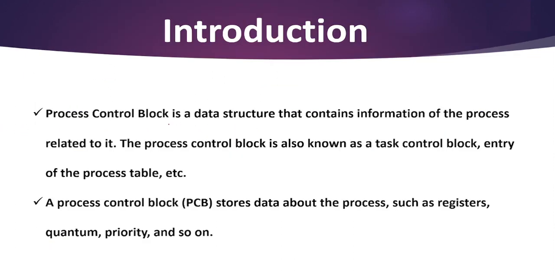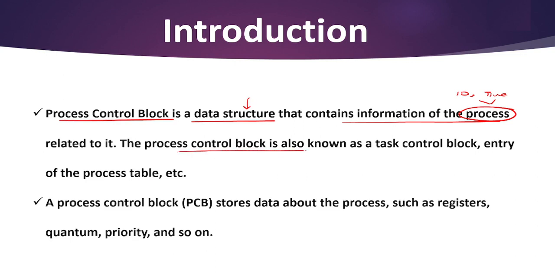So process control block is nothing but a data structure that contains information of the process. All the information related to that particular process, like process ID, process execution time, everything is stored in a data structure, and it is stored in the process control block.